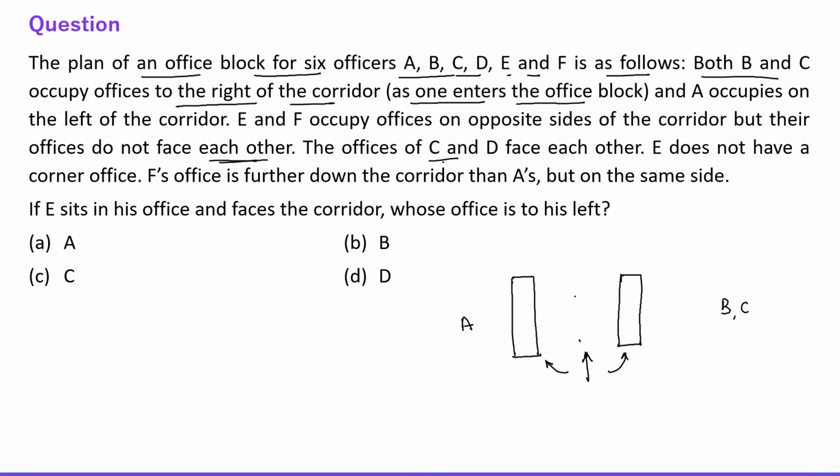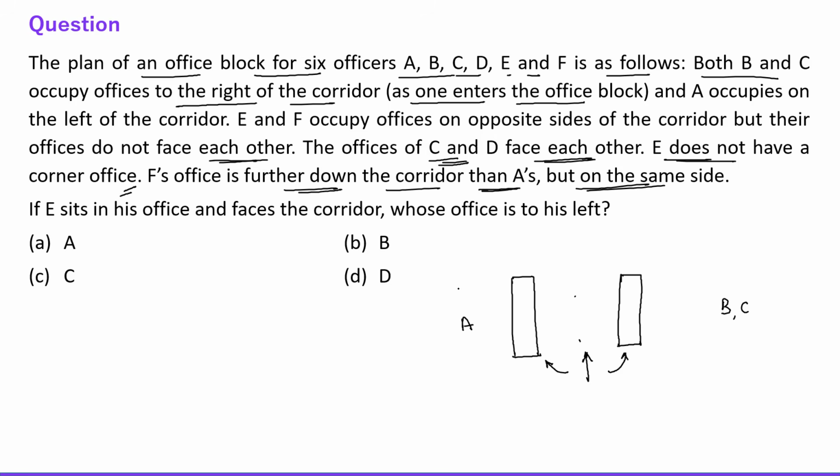The offices of C and D face each other. Okay, fine. E does not have a corner office. It means A is sitting between. F's office is further down the corridor than A, but on the same side.